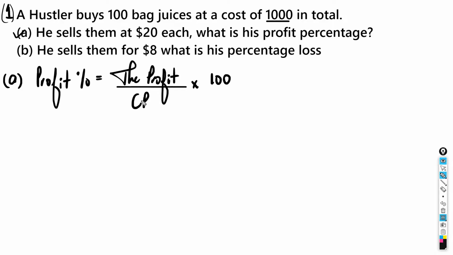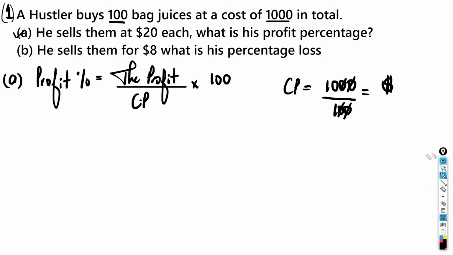We need the cost price for one bag juice. So the cost price is equal to the $1,000 in total that he paid for all the bag juices, divided by 100, which is the 100 bag juices. These zeros cancel, and the cost price is equal to $10.